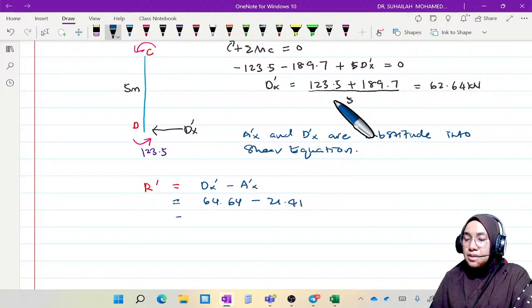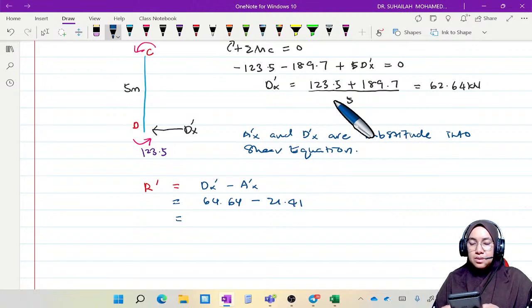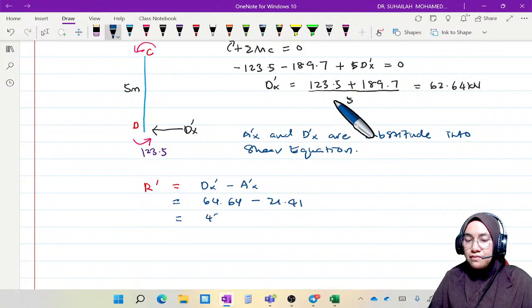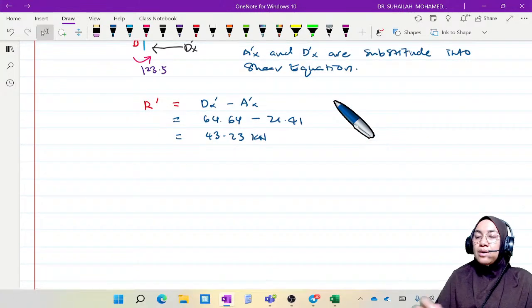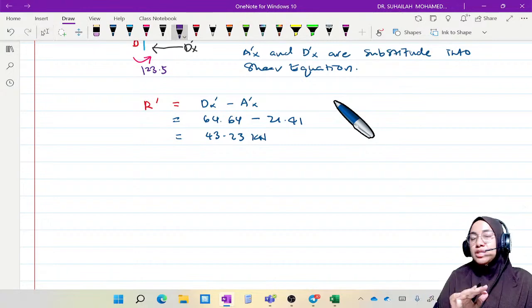So this is equal to 64.64 minus 21.41. It is 43.23 kilo Newton. So now we want to move to procedure number 4.